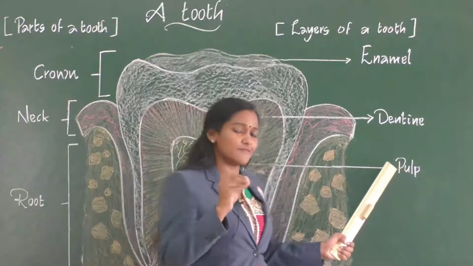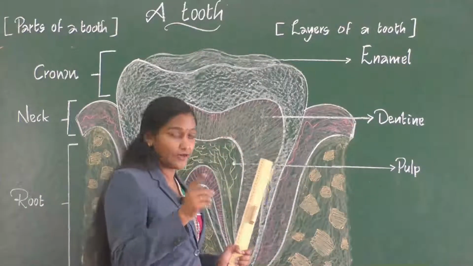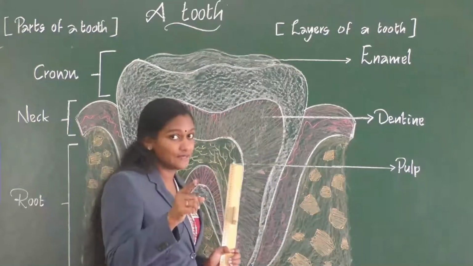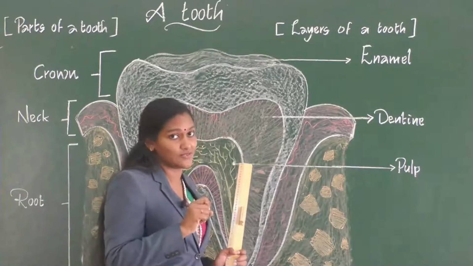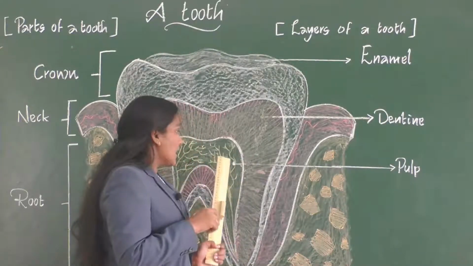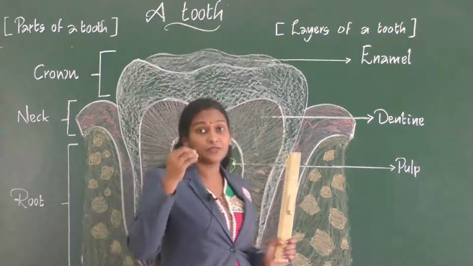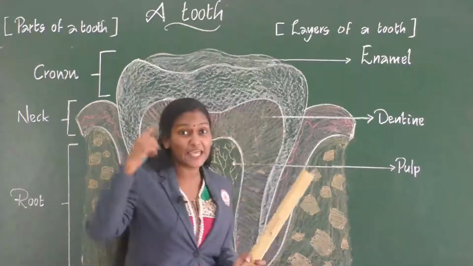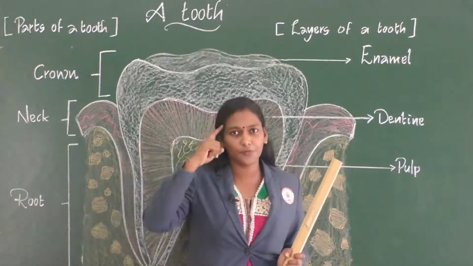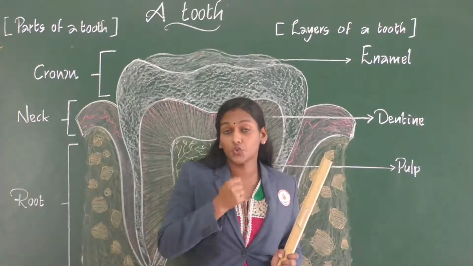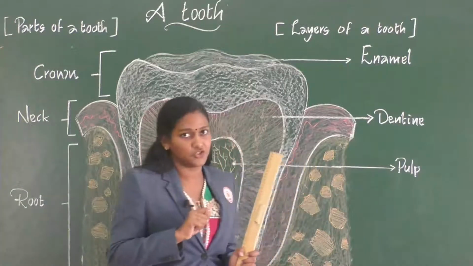So what is the function of pulp? As we have said earlier, it has nerves as well as blood vessels, right? So the pulp sends the signal to the brain when we are having toothache. That's the main function.